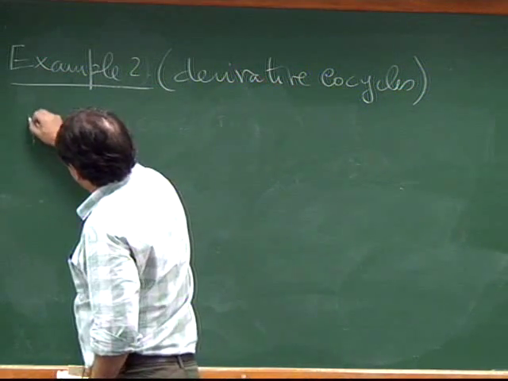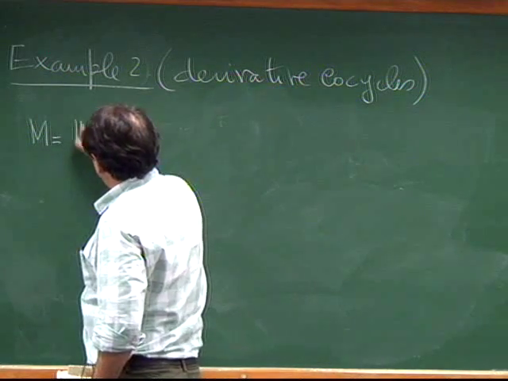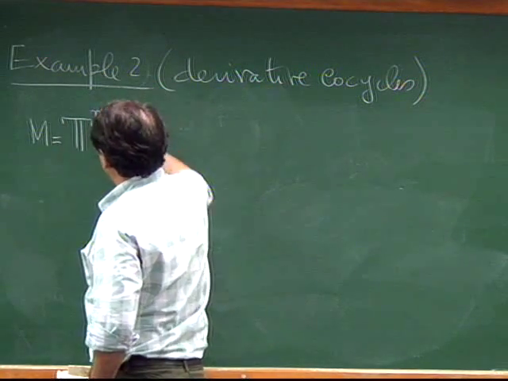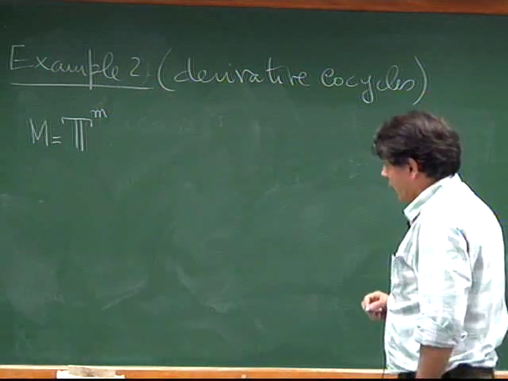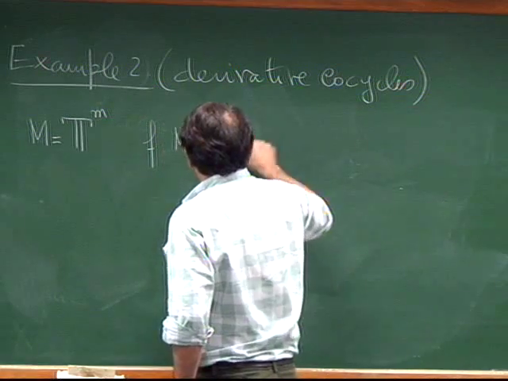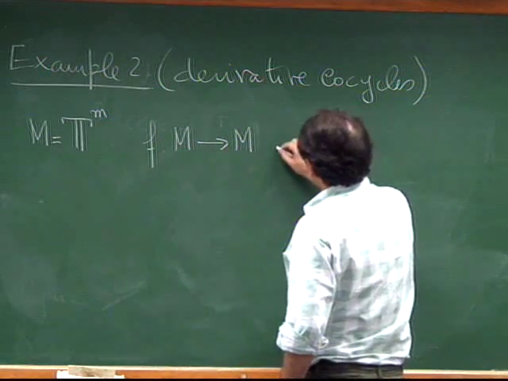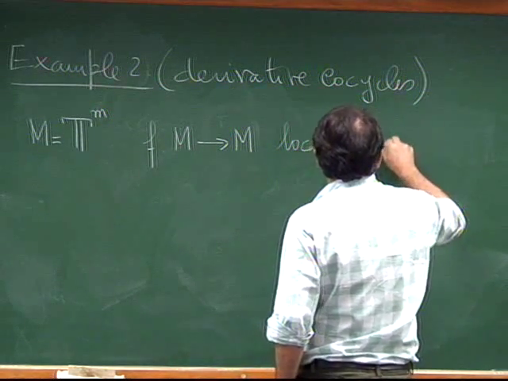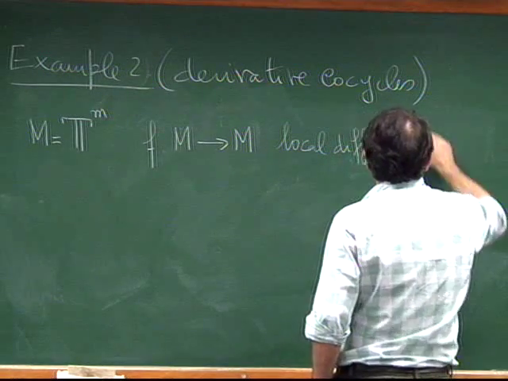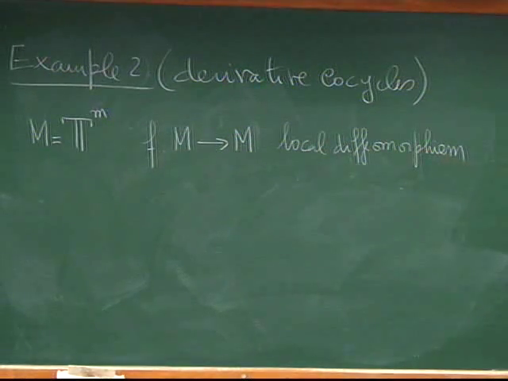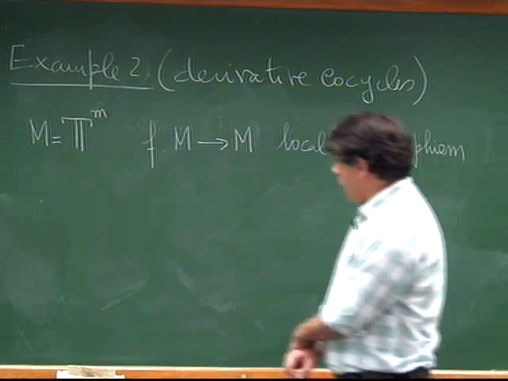Take M to be a torus, T^d. Not D, TM. Any torus. And take F from M to M to be a local diffeomorphism. So the map is not necessarily injective, but the derivative exists and is an isomorphism at every point.